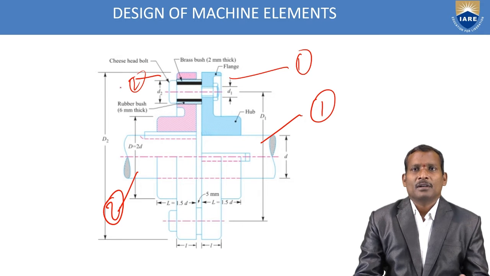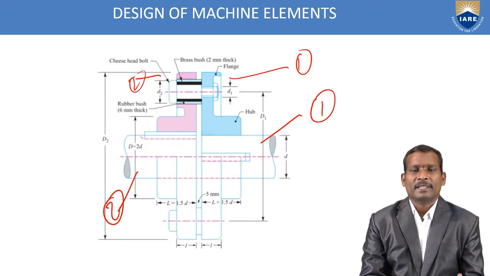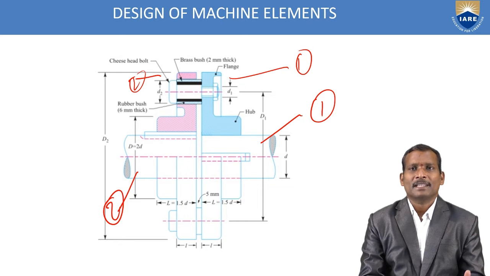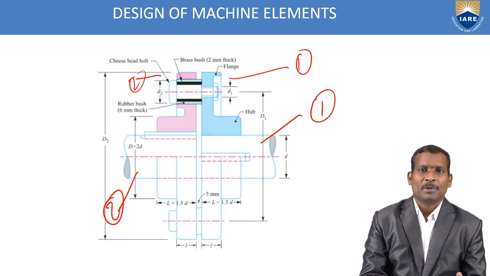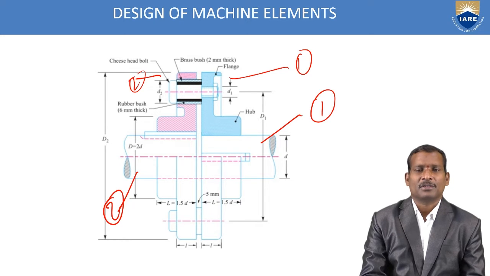With the help of bolts and nuts, the two shafts are joined together. What are the dimensions of the flanges, what are the dimensions of the hub, and what is the diameter of the shaft, you should calculate in design. The same procedure applies here as in the flange coupling design.